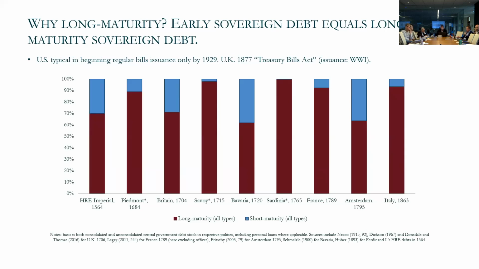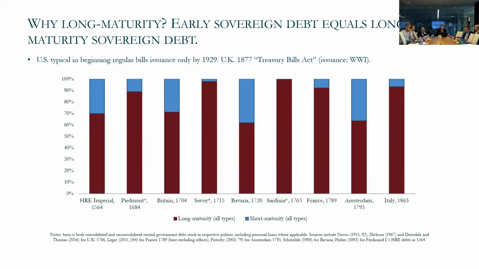Here is just a selection of cases where we can exactly reconstruct the composition of sovereign debt. In blue you see a very, very generous definition of short maturity debt, and we see the breakdown. So this includes stuff like non-negotiable tallies that they sometimes issued, i.e. tax claims, IOUs.